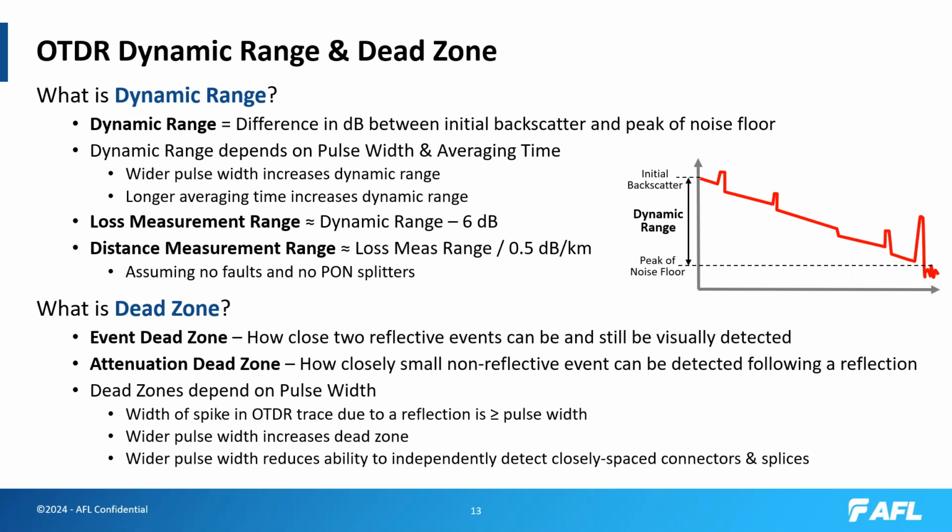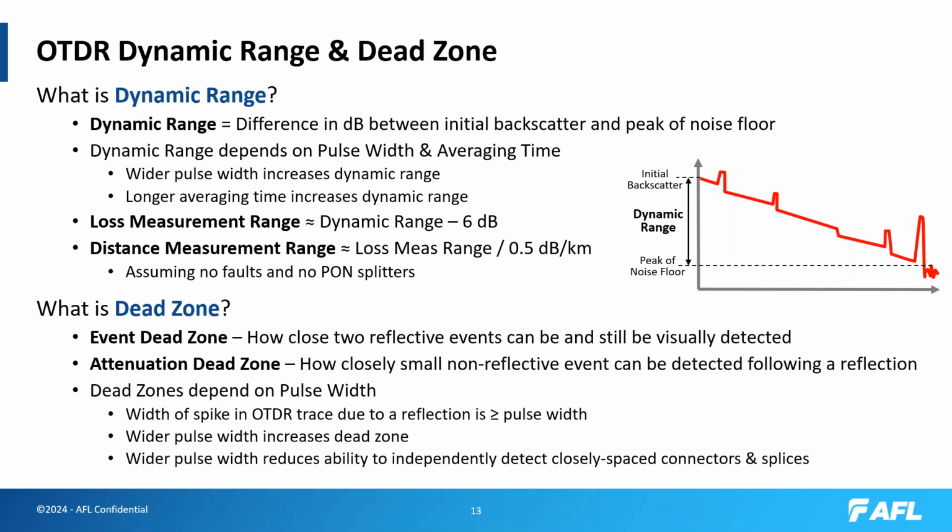Attenuation dead zone is really a measure of how closely a small non-reflective event can be visually detected following a reflection. And when you get into the details, the OTDR vendors will specify how big is that reflection before the event.